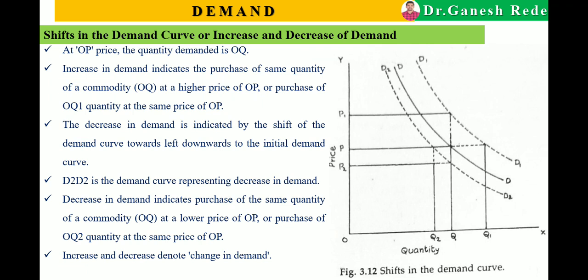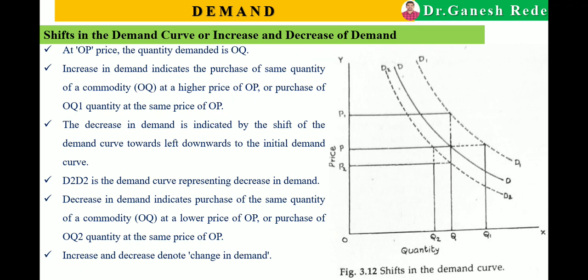Decrease in demand indicates purchase of the same quantity OQ at a lower price, or purchase of OQ2 quantity at the same price. So increase and decrease in demand denote a change in demand, whereas extension and contraction denote a change in quantity demanded.